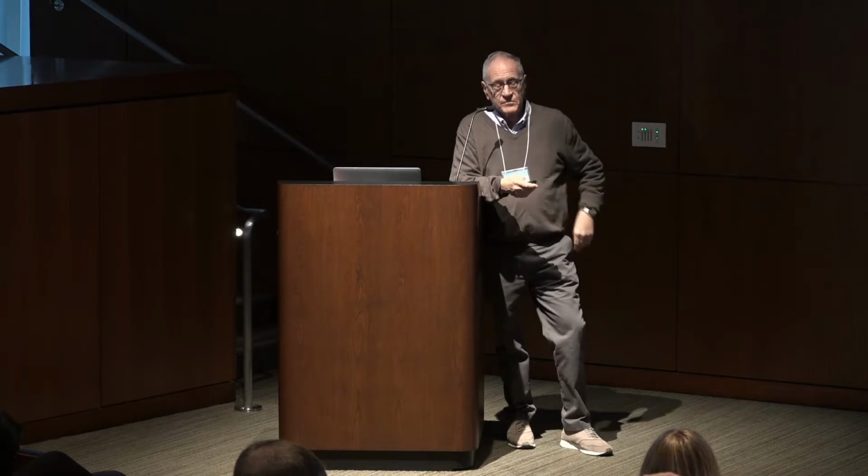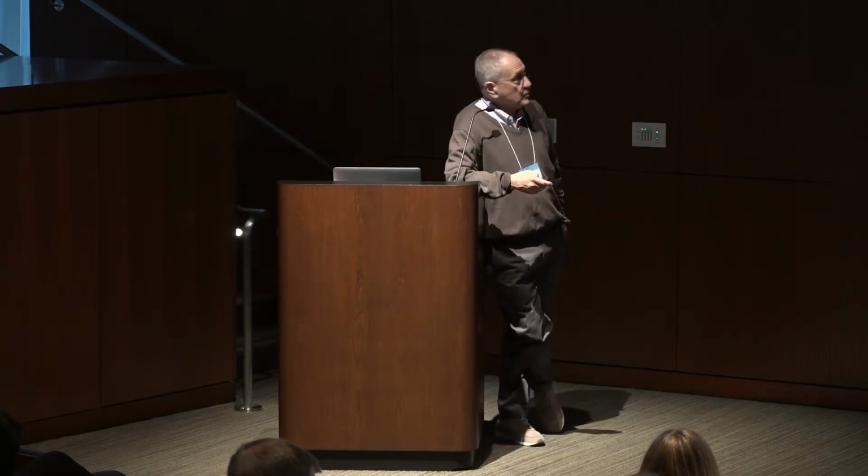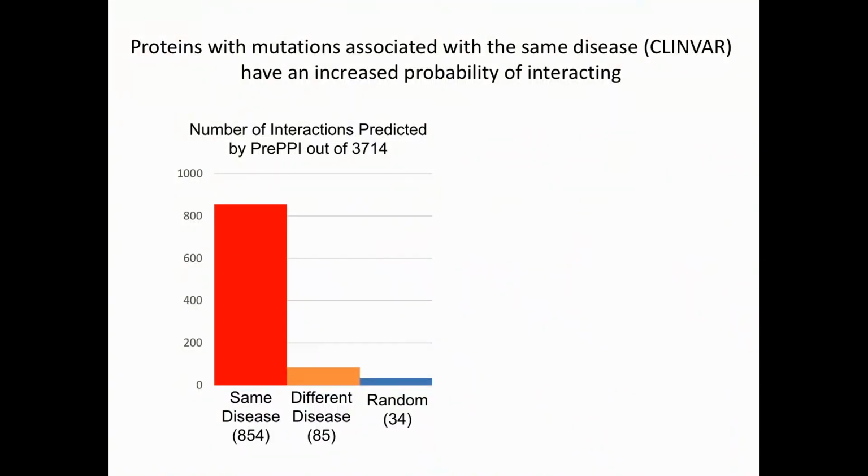We've tested it in any number of ways, and it seems to perform quite well. We have a number of applications that we've published and others that are not published. This is a result that is published. We looked at proteins in the ClinVar database and looked at pairs of proteins that are associated with the same disease, and asked if PrEPI predicts that they interact.